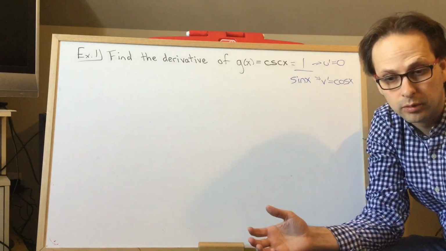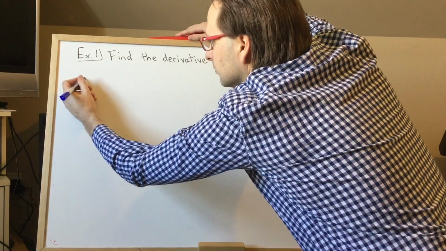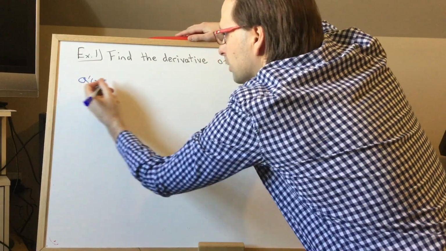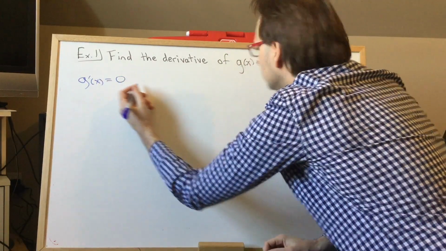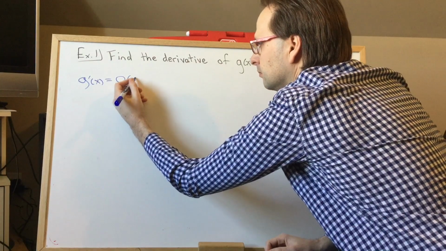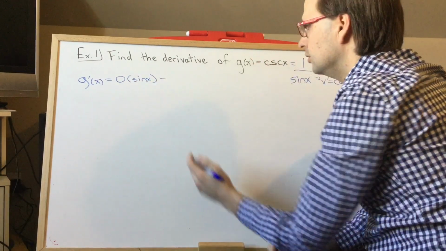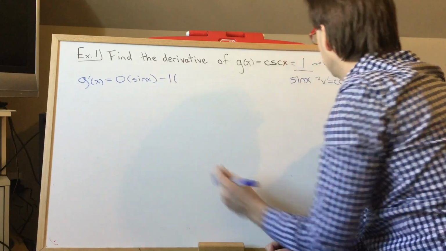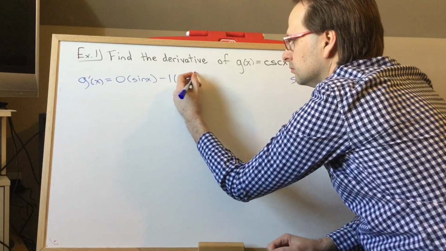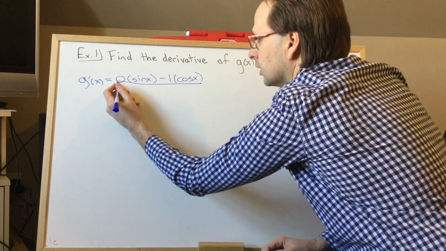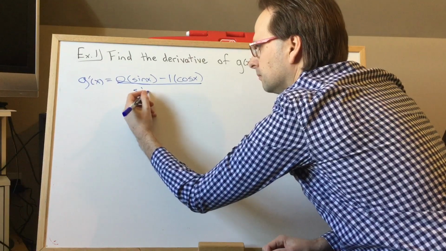Derivative of sine is cosine. Now we're ready to get going with the quotient rule. So we get g prime of x is u prime, so that's 0, times v, which is sine x, minus u, which is 1, times v prime, which is cos x, all over sine of x all squared.